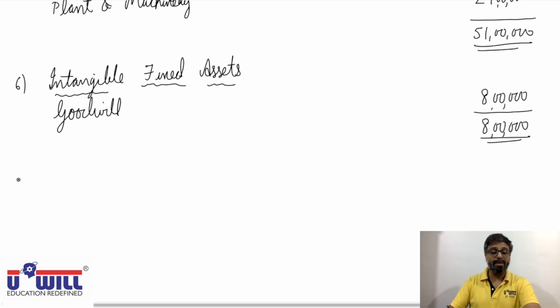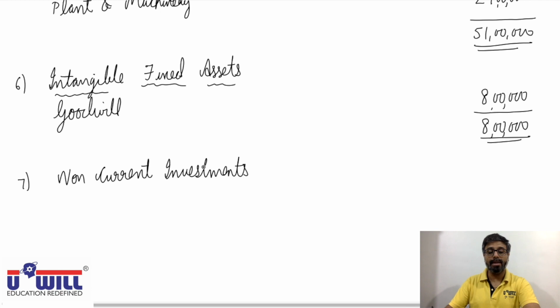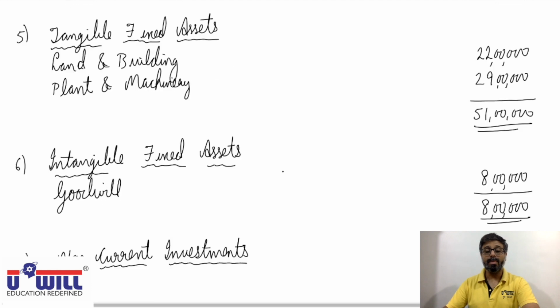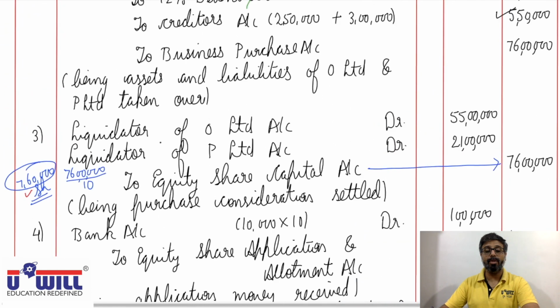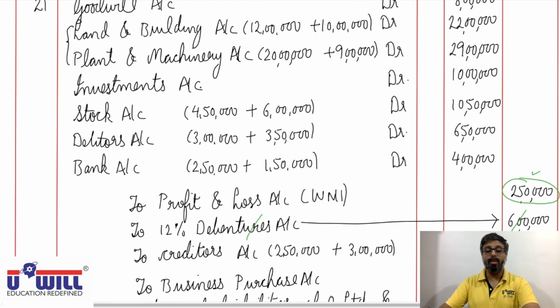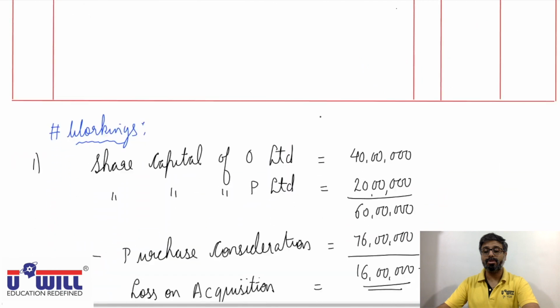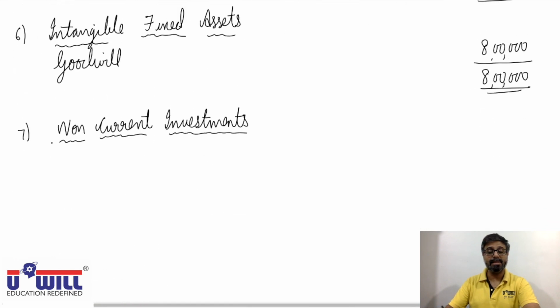Then after intangible fixed assets, the next item in non-current assets is non-current investments. How much are non-current investments or investments in this entry number 2? All of you can see that investments are rupees 10 lakhs. So write down investments 10 lakhs.